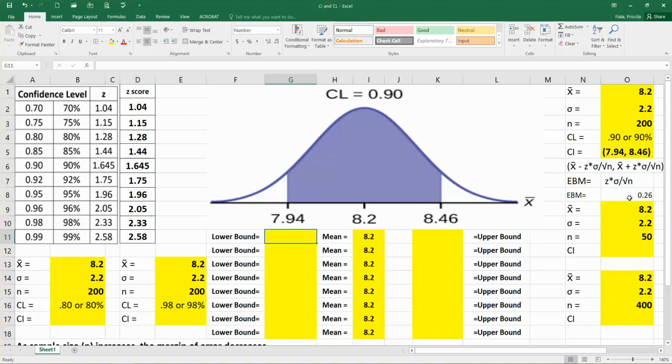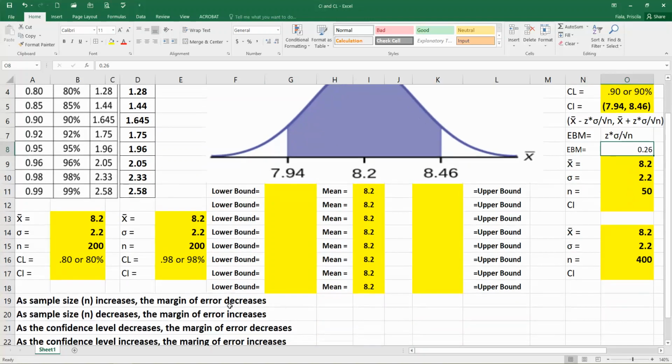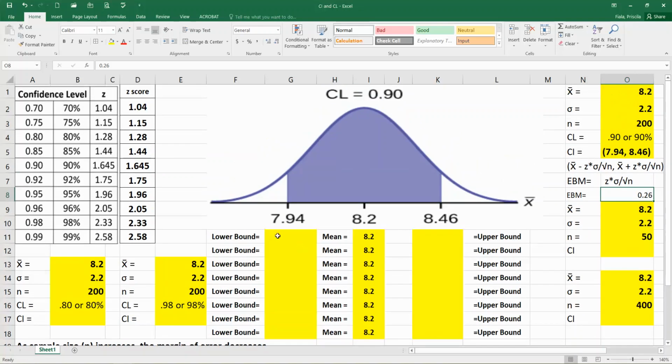So then let's say that you ask yourself, what happens if my sample size decreases? Okay, so let's see what happens. Remember, we say that if your sample size increases, you represent more and more the normal distribution.